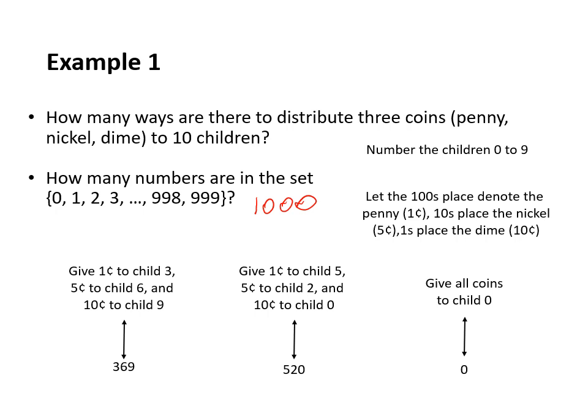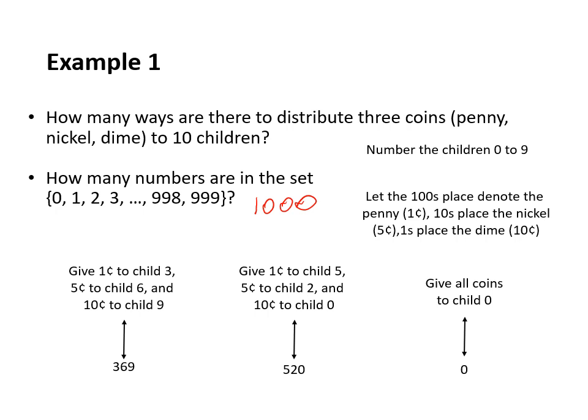Why? We can think of the digit in the hundreds place as denoting the child to whom we are giving the penny, the tens place the child to whom we are giving the nickel, and the ones place denotes the child to whom we are giving the dime.